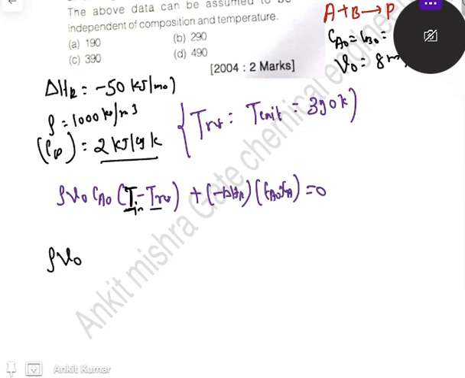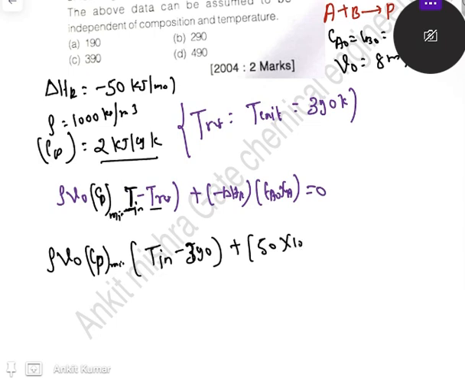So we can write rho V naught, sorry, Cp of mixture. So inlet temperature T in minus T exit, that is 390, plus delta H of reaction, which is 50 into 10 to the power 3, multiplied with Fa naught.